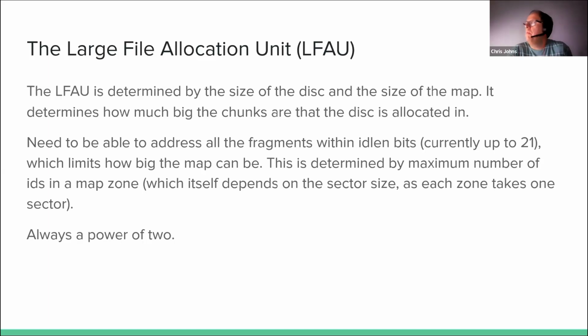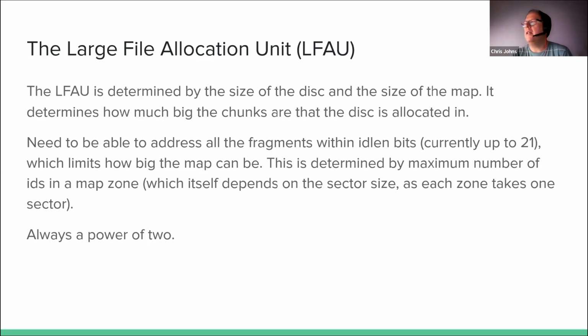It's the same as the bytes per map bit. It's determined by how big the disk is and how big the map is. Because obviously, if you've got a big disk and a small map, each bit on the map is going to be a big bit of the disk. If you've got a smaller disk and a bigger map, each bit on the map takes a proportionally smaller part of the actual disk.